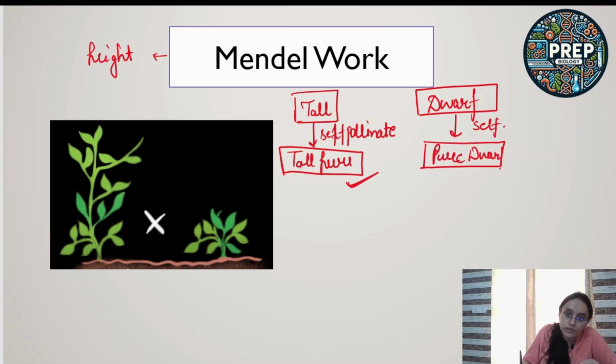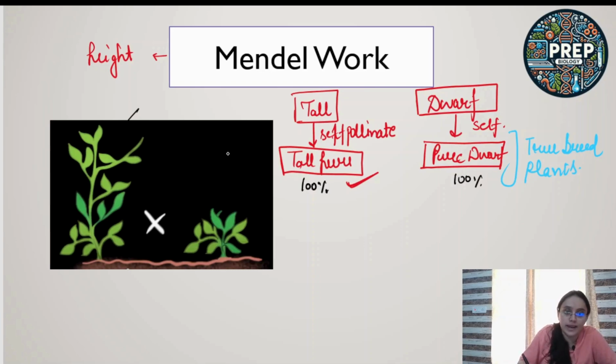So these pure tall and pure dwarf plants are called the true breed plants. Okay, clear?